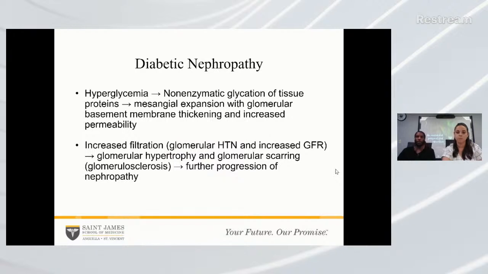So anytime you see protein in the urine, that's not necessarily a normal finding. Like we said, angiotensin 2 will cause the efferent to constrict, which increases the glomerular pressure. So we get glomerular hypertension and the increased GFR, which leads the glomerulus to get larger. You can get scarring, and that will just further progress the nephropathy in these patients.